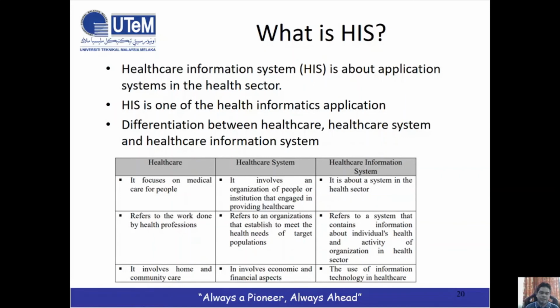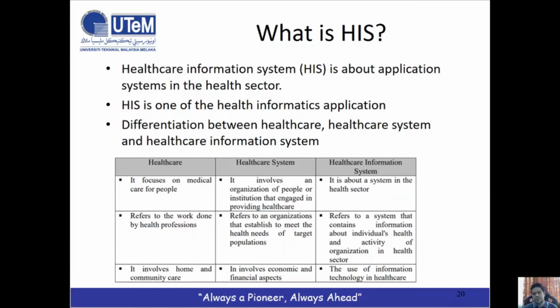where the healthcare organization executes the process in a systematic way. When we talk about the healthcare system, it is not a system that uses a computer. It is not yet converted into the computer. It is just a healthcare system, a process.